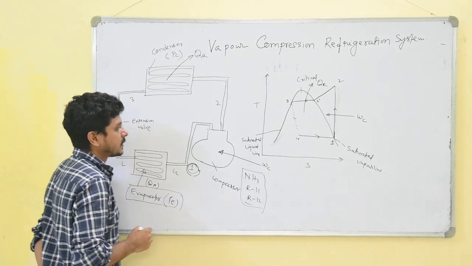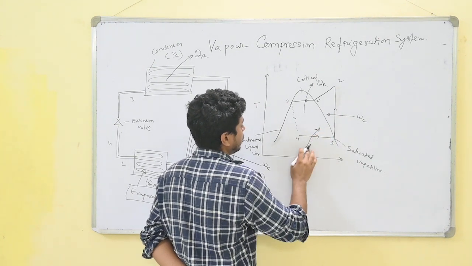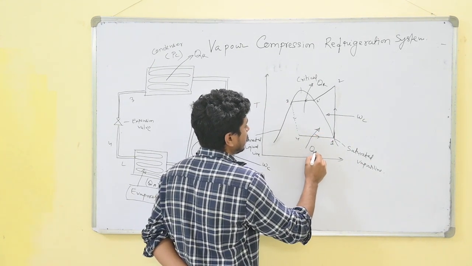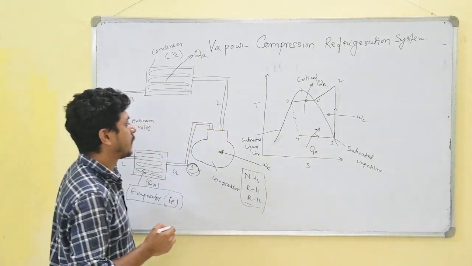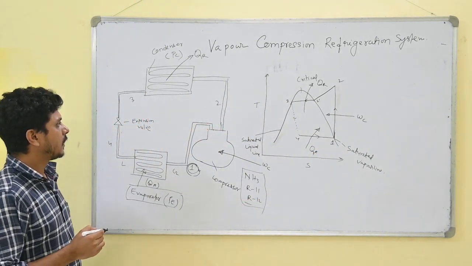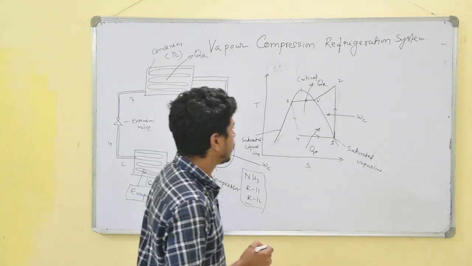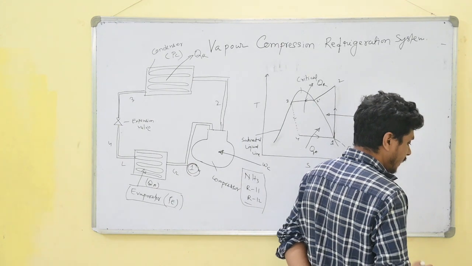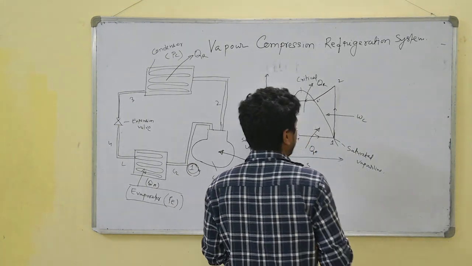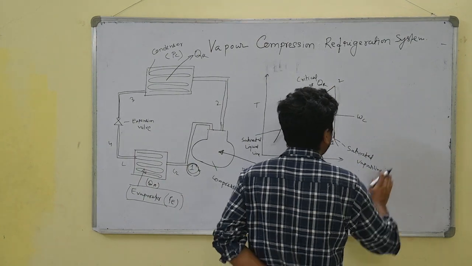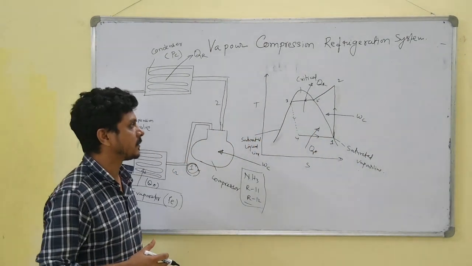Heat absorption takes place, and in this diagram the desired effect is shown into the system like that. After that, we draw the pH diagram of the system, to understand the pressure and enthalpy of the system.